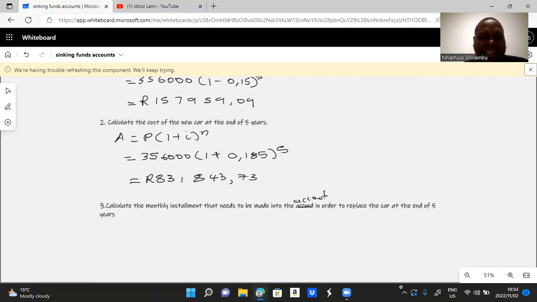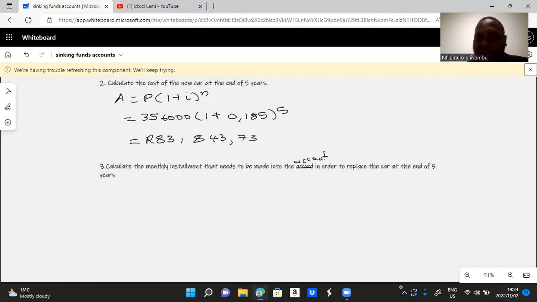So what you must know is that once we talk about installments or regular payments in an investment, we talk about the future value formula, which is F equals x times ((1 plus i) to the power n minus 1) divided by i. Because we are talking about an investment question that has to do with regular payments or monthly installments. So it's a future value question.